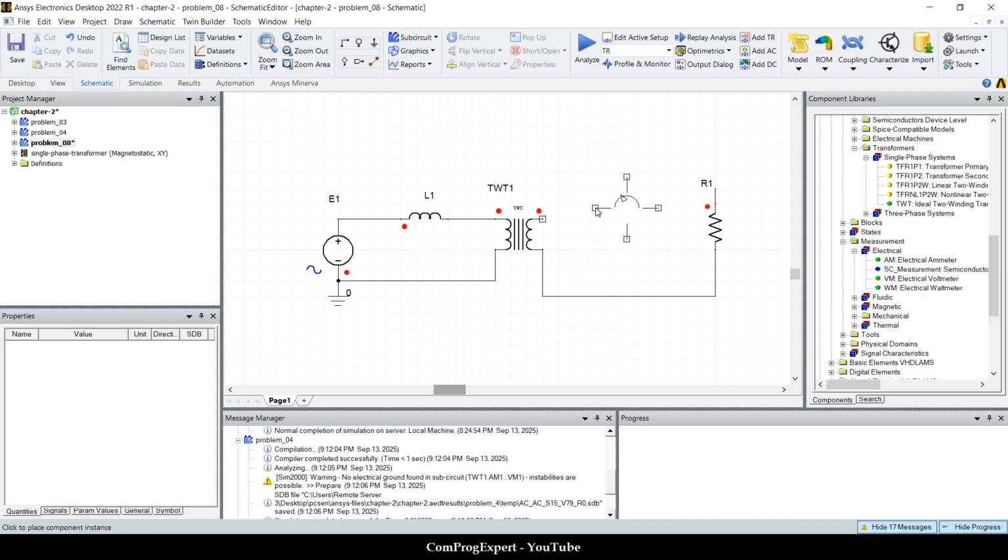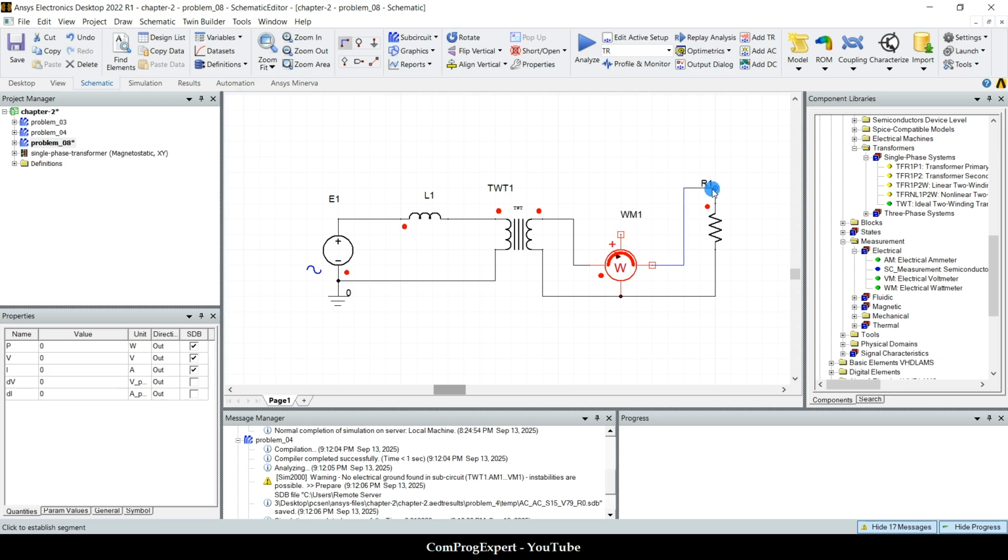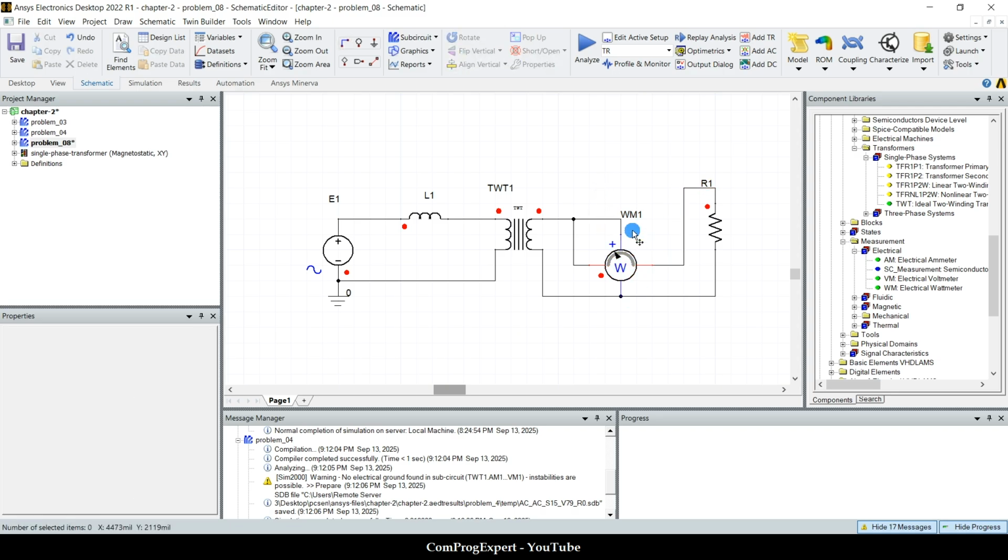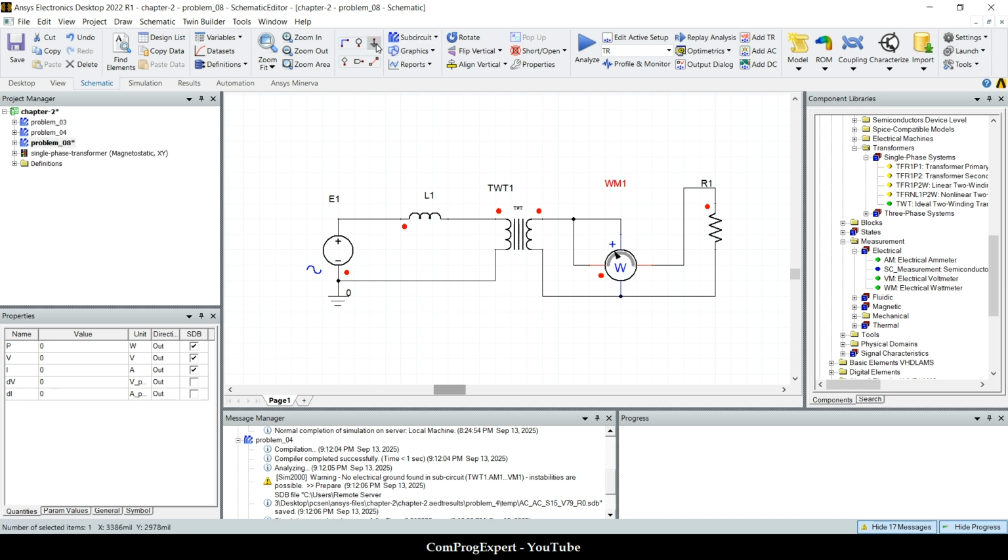This is the load current and this is the load voltage. Yes, so also we can add the ground to the secondary side.